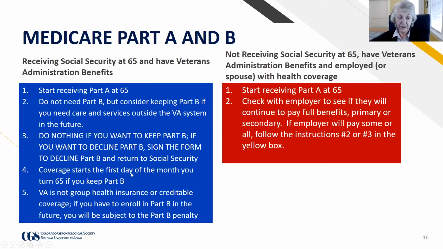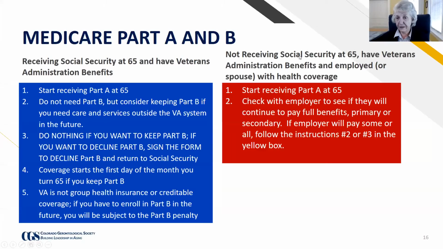If you decline it, then you won't have any B. If you decline it and you want to sign up for B in the future, you will face a penalty of 10% per year for every year that you did not enroll.